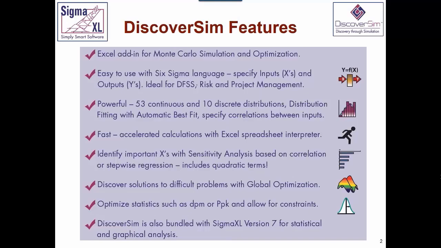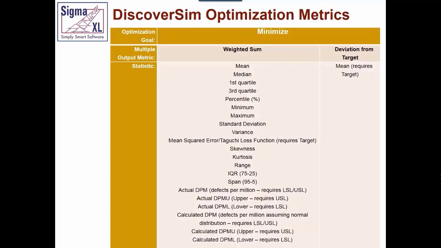Global optimization, we'll talk about some of the new methods that we've added to global optimization. And the optimization is stochastic, so that you can not only, for example, maximize the mean, but minimize the variation, maximize a process capability index. And also, DiscoverSim is bundled with SigmaXL for statistical and graphical analysis.